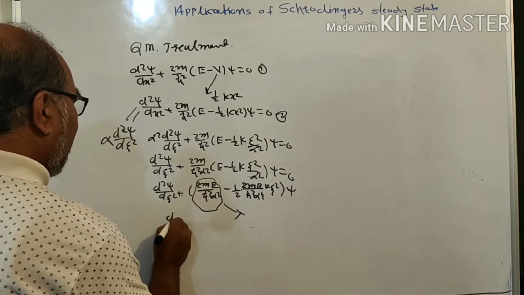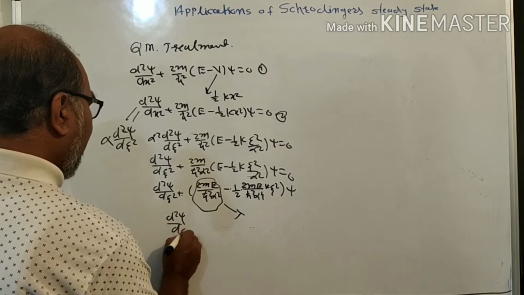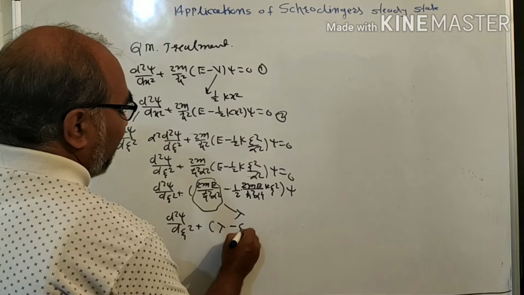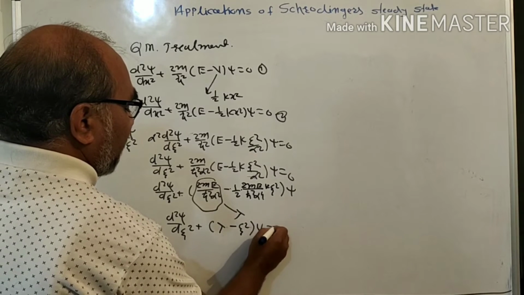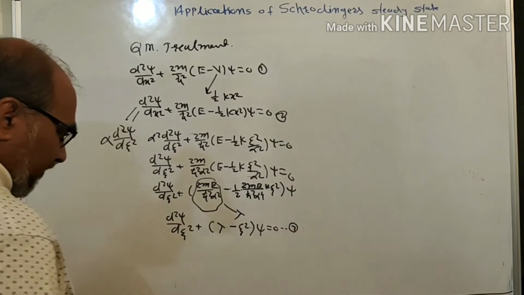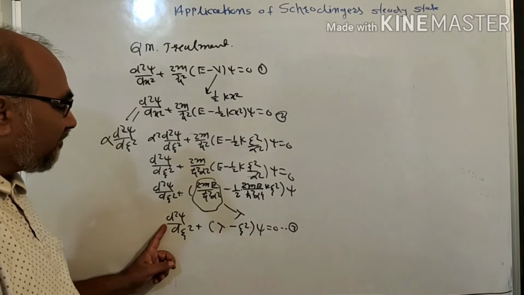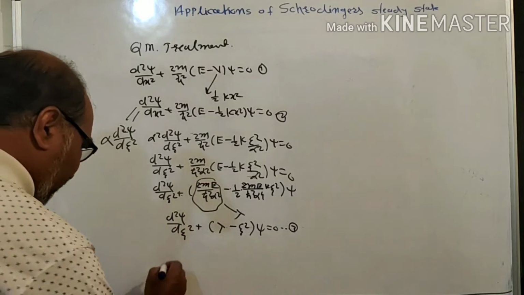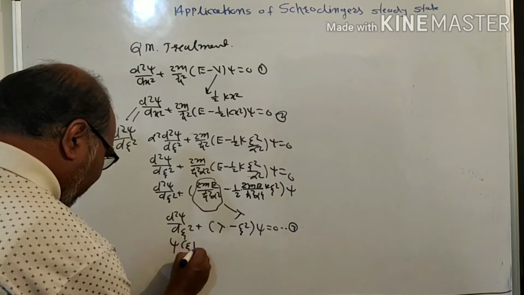Therefore d²ψ/dζ² + (λ − ζ²)ψ = 0. Say this is equation 3.